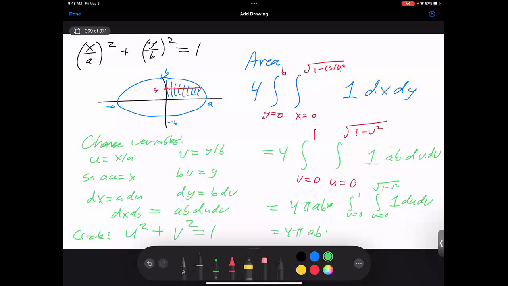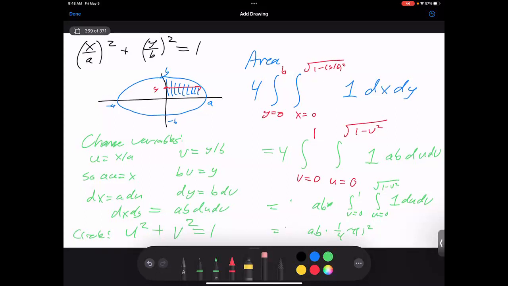How much of a circle am I integrating over? A quarter. What's the radius of the circle? 1. So I have 1/4 the area of a circle of radius 1, which is pi over 4. So the 4's cancel, and I get pi ab.